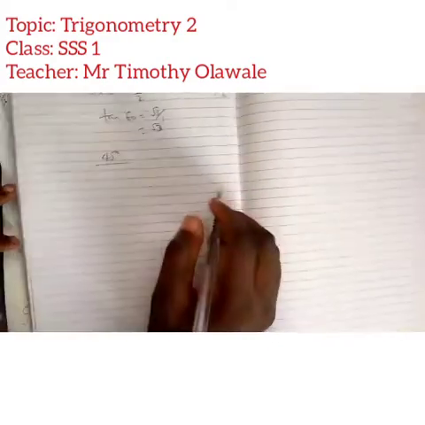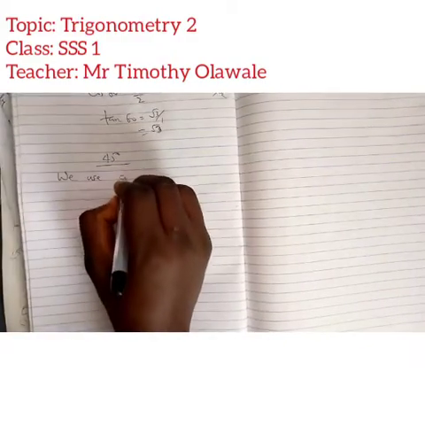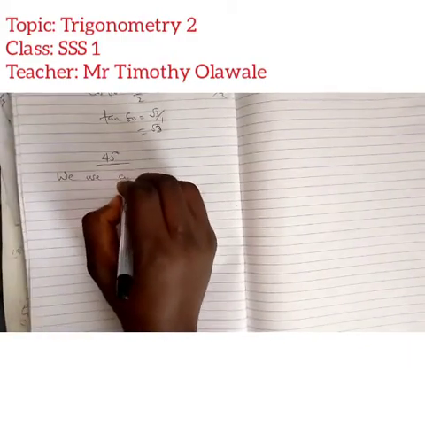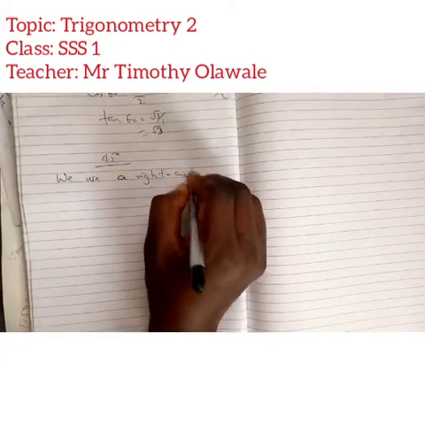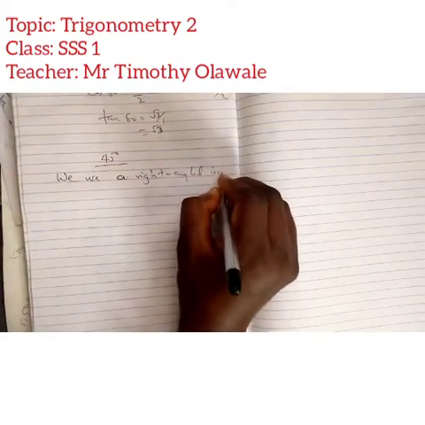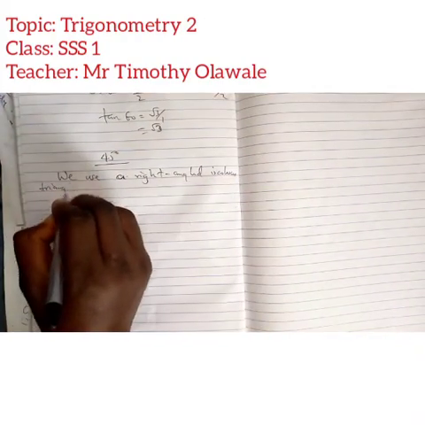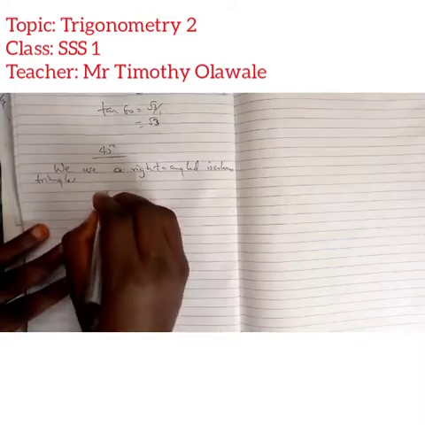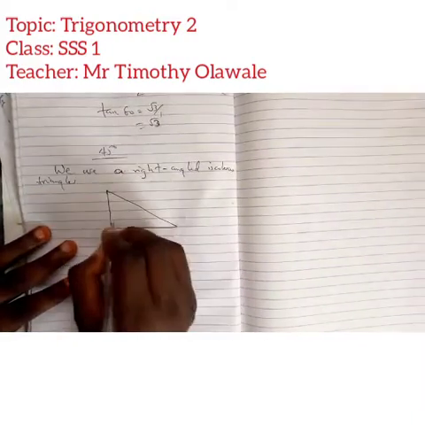45 degrees. All right. We use a right angled isosceles triangle, something like this, and we take it as 1 unit. 1, 1.